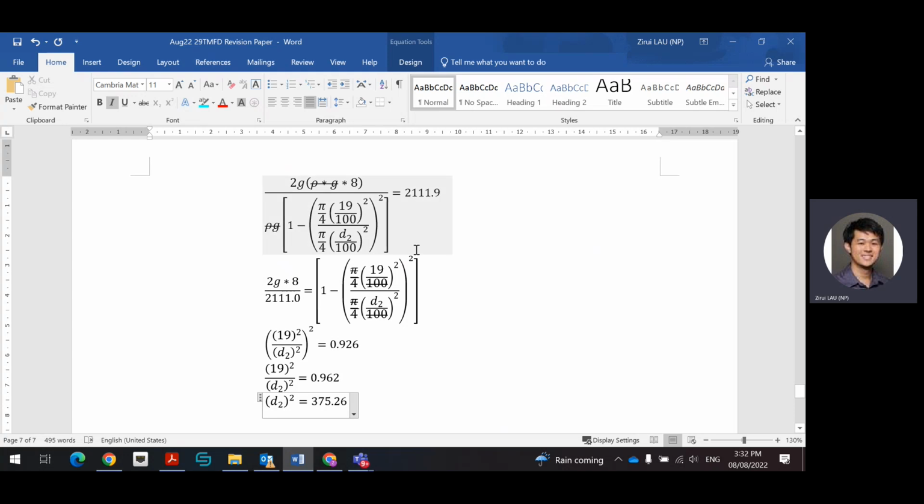Which one? This one? I already took the square root. Square root of 0.926 is 0.962. Yeah. I suggest that when you all go home, do the calculation yourself. By following me like this, you might not fully understand.